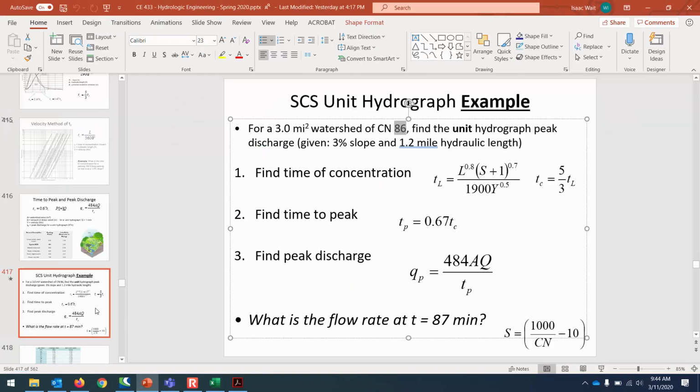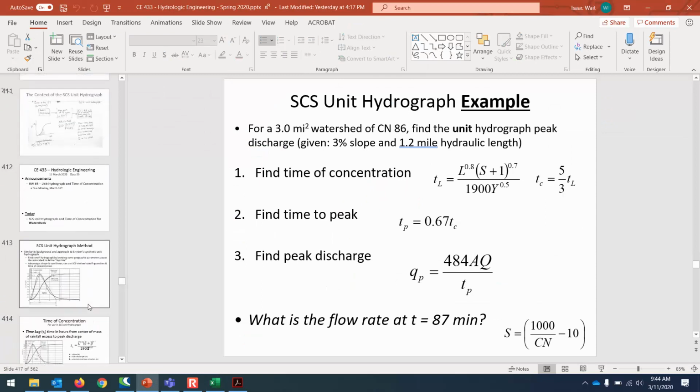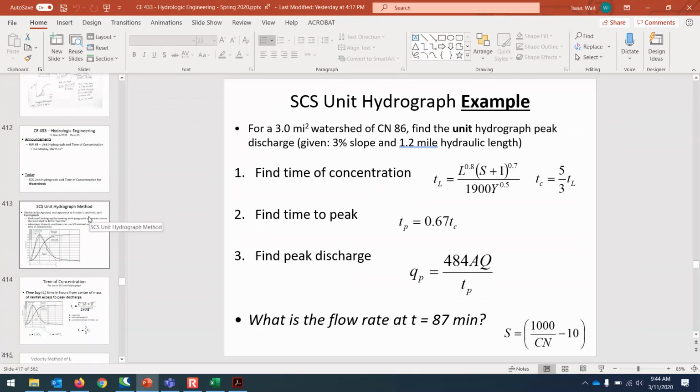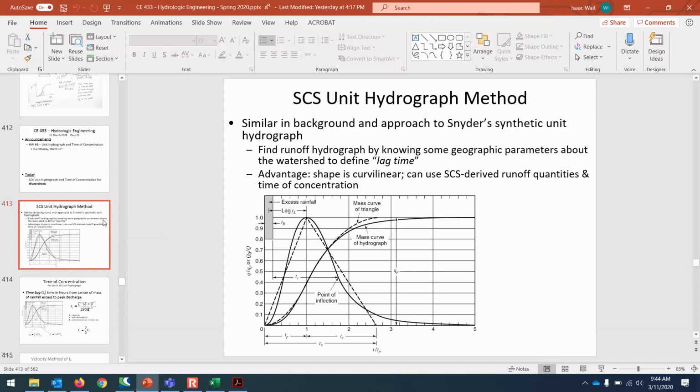So just to summarize, the SCS unit hydrograph method is used when you have GIS data for a watershed, where maybe you know the slope of the watershed and you know enough about its soil and land use that you can estimate a curve number, but you don't actually know what its actual unit hydrograph looks like, and so you synthesize a unit hydrograph using a typical shape.